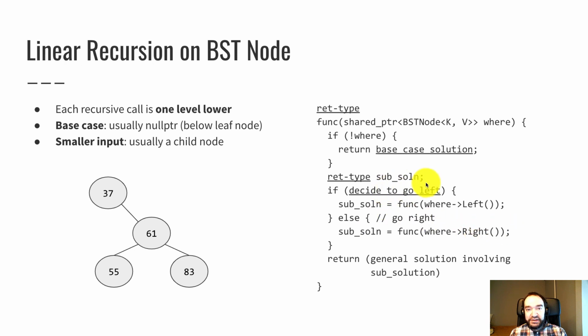So sub-solution is initially initialized, and then we make a decision. Are we going to go into the left child recursively or the right child recursively? Depending on that decision, we still only make one recursive function call, and it will be one level lower in the tree. And then the same general solution stuff happens at the end. The sub-solution has been initialized with some contents from lower in the tree, and then we need to incorporate that with the node we're at, the where node.